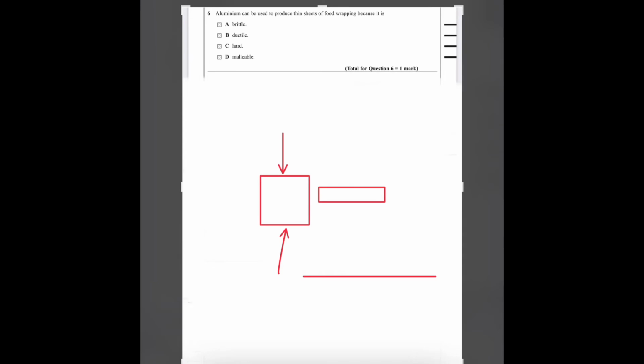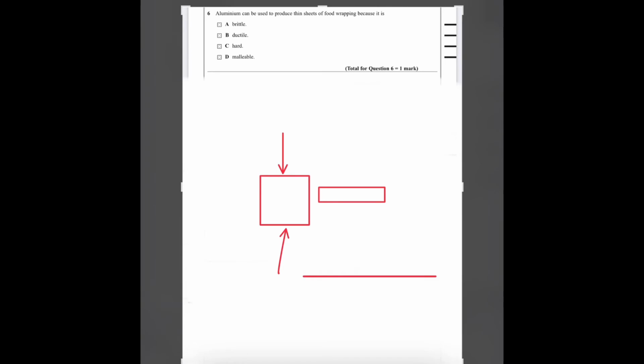Part A says that it's brittle. If the aluminium was brittle, we could not exert a force to deform its shape, right? It would break. Brittle is basically the property of breaking easily. So A is not correct. B is technically a close answer, because ductile is basically getting deformed in a tensile way.